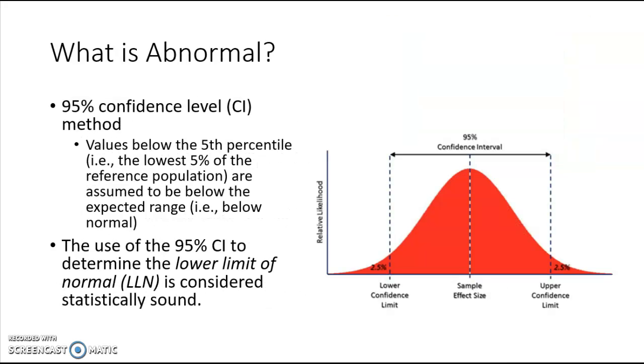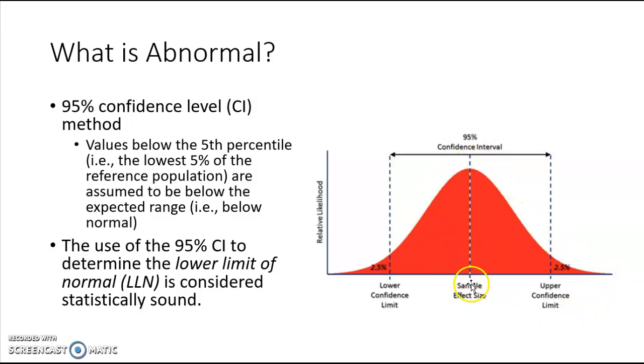So when we consider all this, how do we determine what is abnormal? What they have found is that using the 95% confidence level, CL, method is the statistically most sound method to identify what is normal. You see in our graph here, we have the bell-shaped curve that we were talking about.